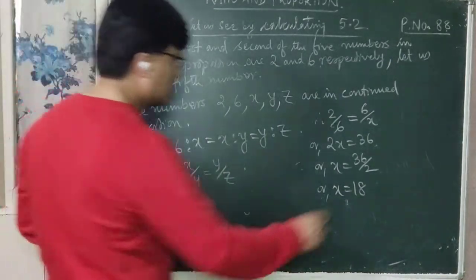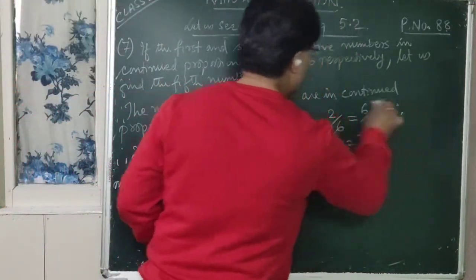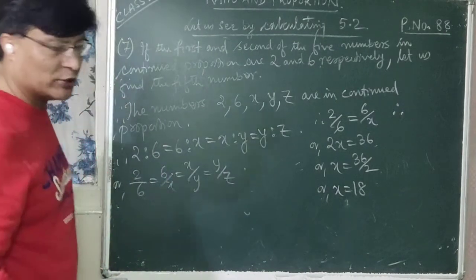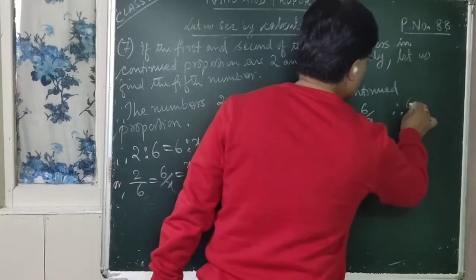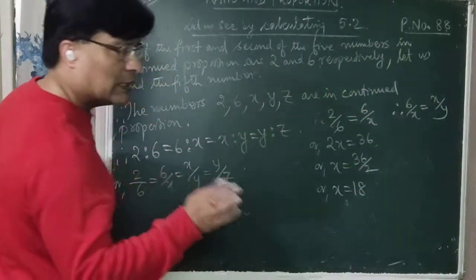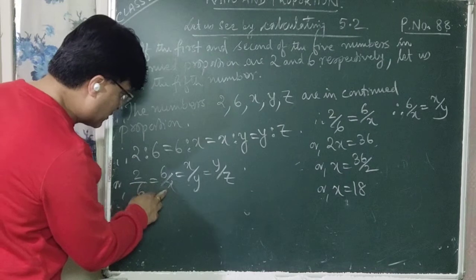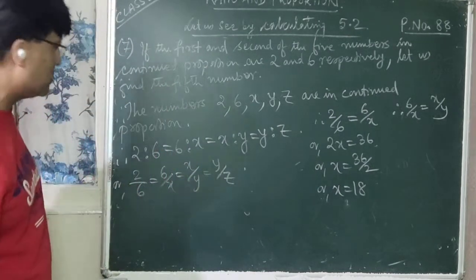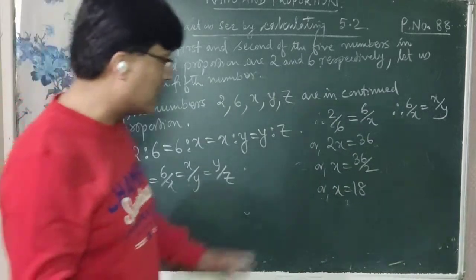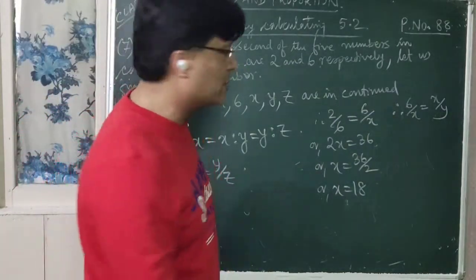So let us write again, therefore this second ratio is equal to third ratio now. That is 6/x is equal to x/y, right? Because in this case we know the value for x, isn't it?